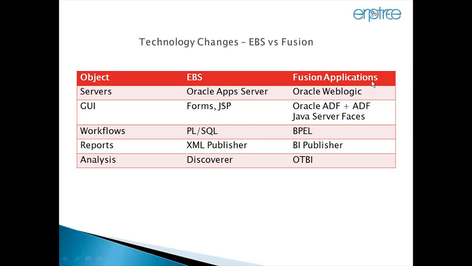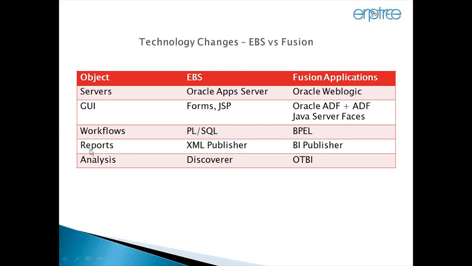But in case of Fusion applications, they all are ADF pages. When you talk about workflows in EBS, workflows are just written in PL/SQL functions or procedures. But here, the workflows run with the help of BPEL, Business Process Execution Language.